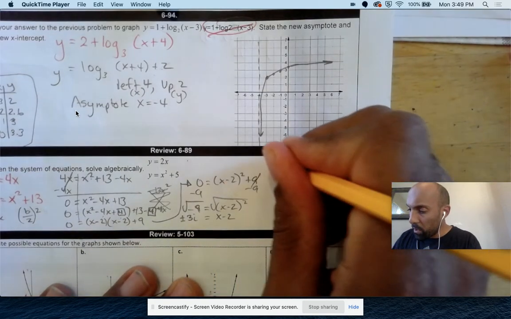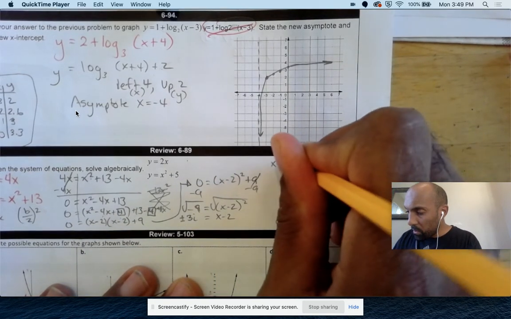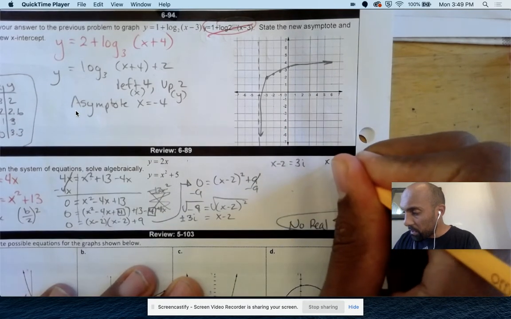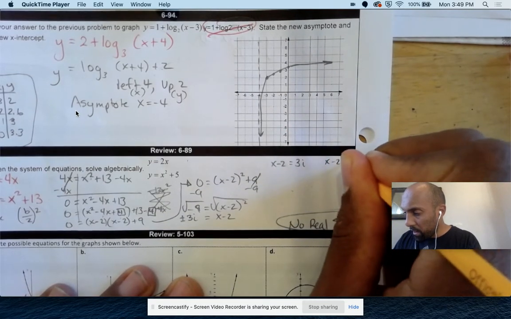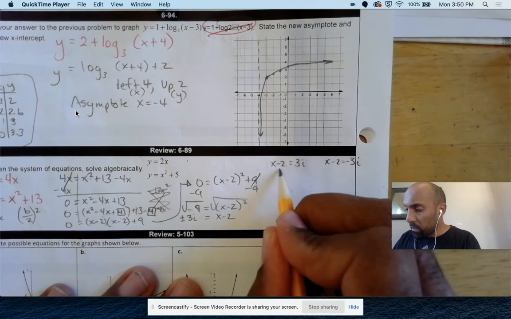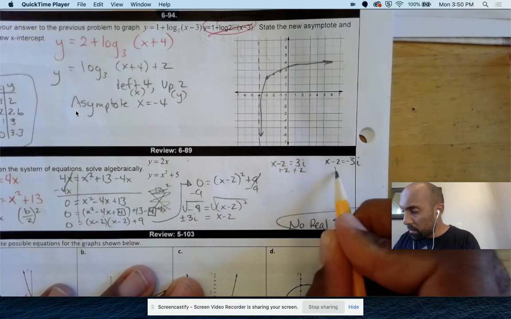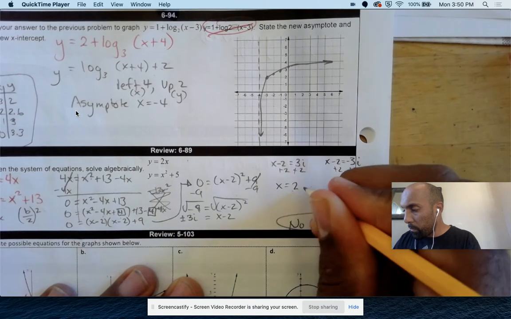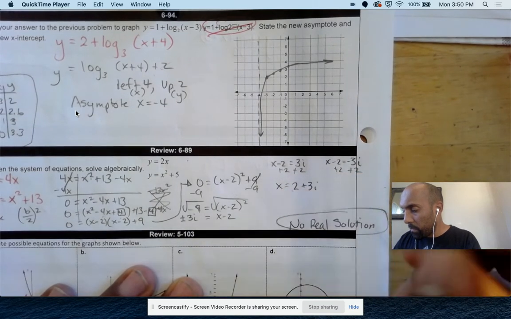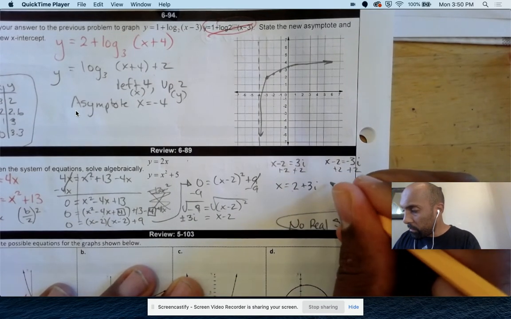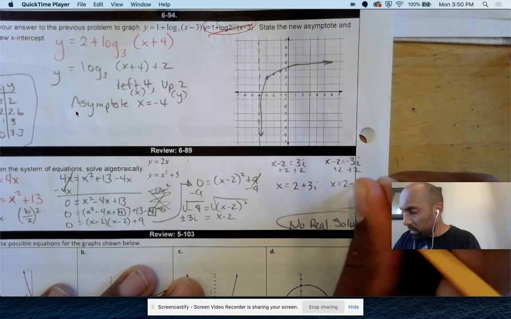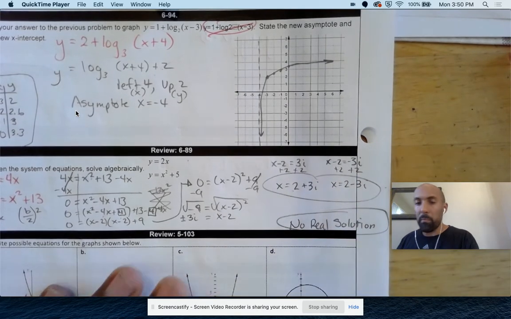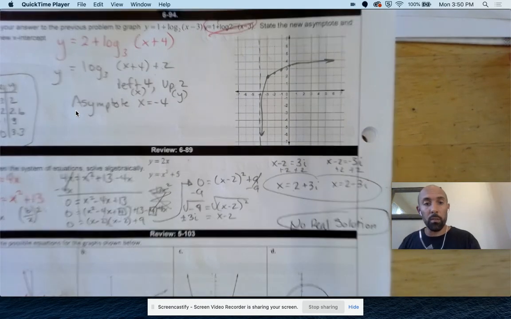So I'm going to do x minus 2 equals positive 3i, and then x minus 2 equals negative 3i. Okay, so add 2 to both sides. And I get x equals 2 plus 3i, and x equals 2 minus 3i. So that would be the imaginary solutions.